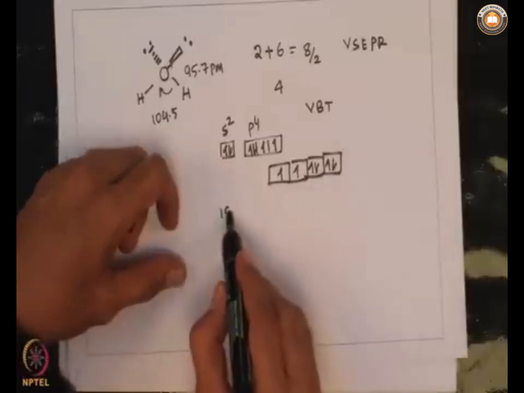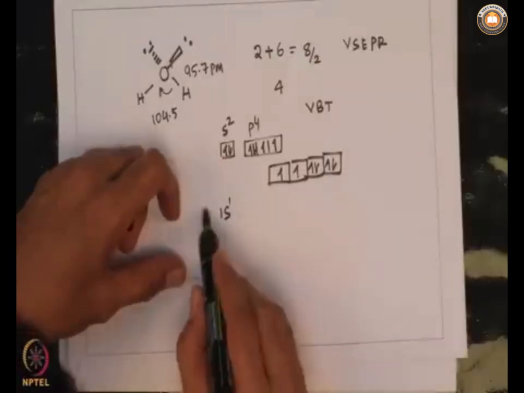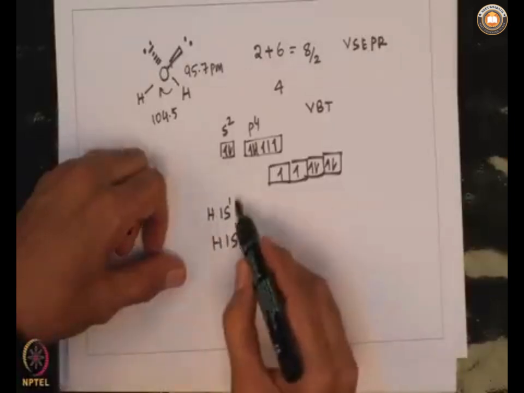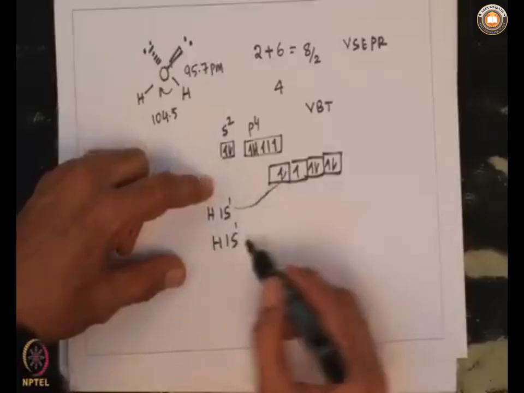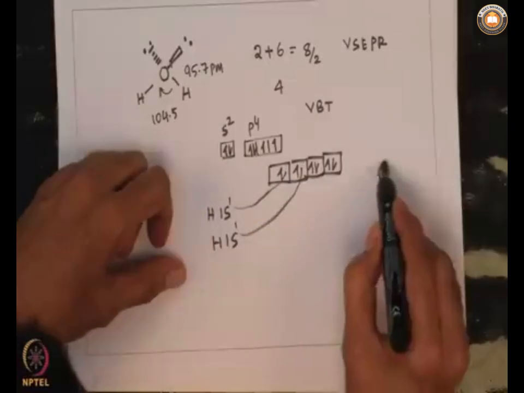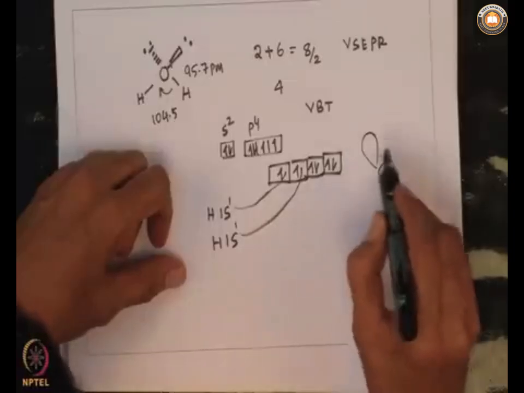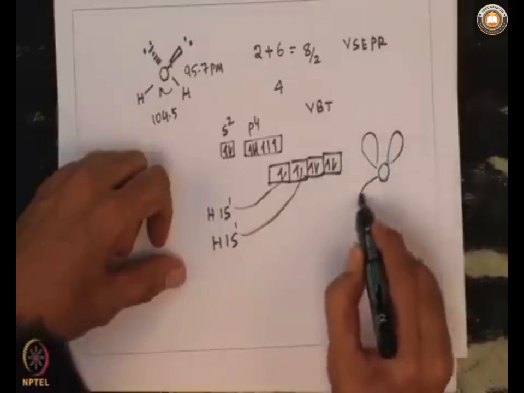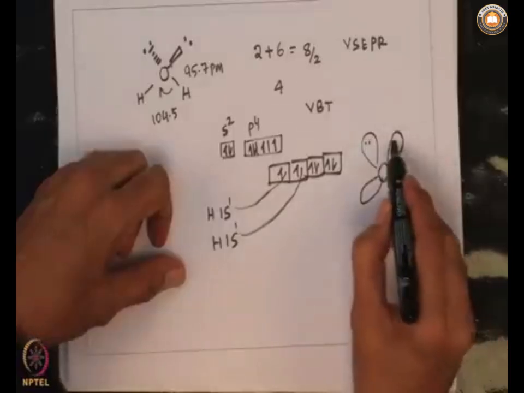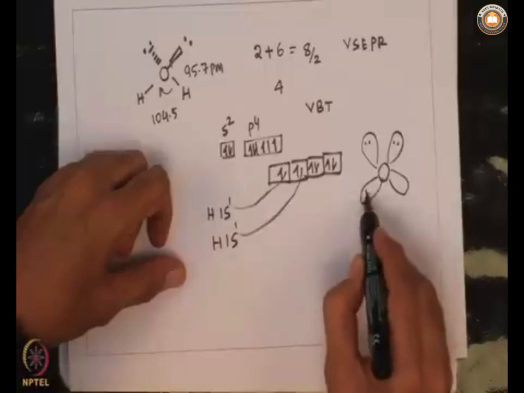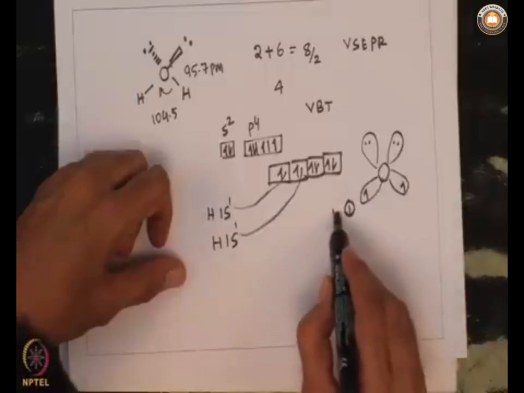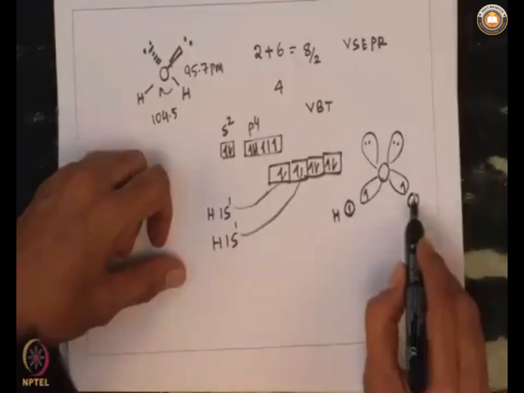Now, we have hydrogen 1s1 and another hydrogen 1s1. So, basically these 1s electrons will come here, and another one will come here. As a result, I can write 4 sp3 orbitals, and here 2 lone pairs are placed, and here it has 1 electron, it has 1 electron, another 1 electron comes from hydrogen, another one comes from hydrogen.